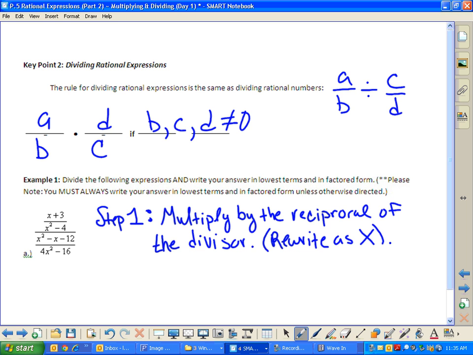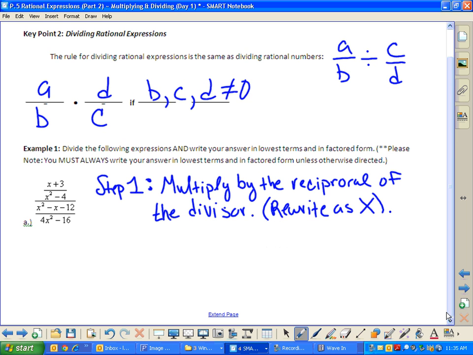It's like a clerical step, I literally just rewrite the problem. So there's my numerator. And I have to rewrite it as multiplication by the reciprocal of that divisor. So I have to flip that fraction on the bottom there.